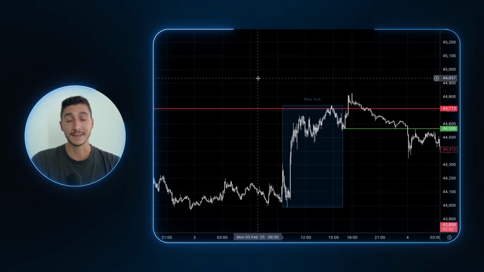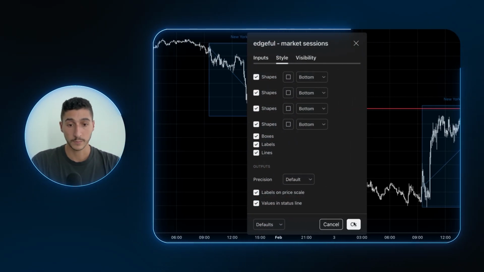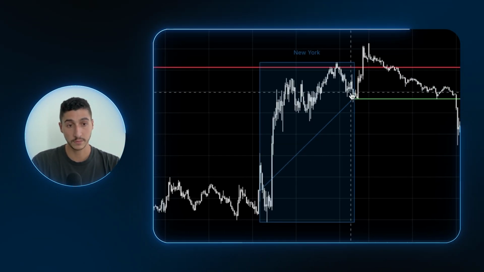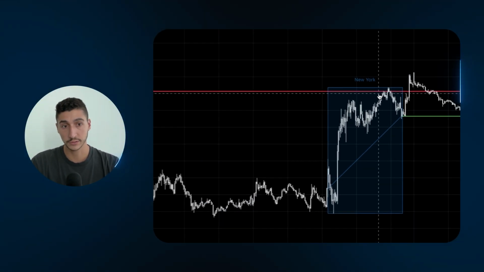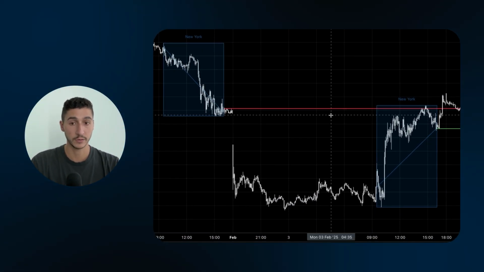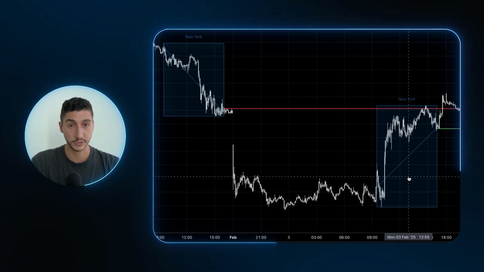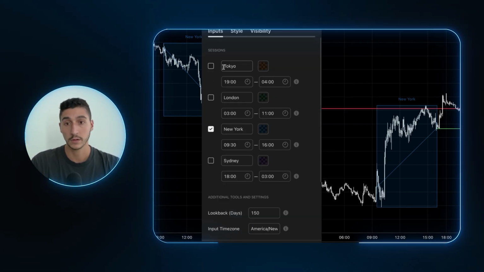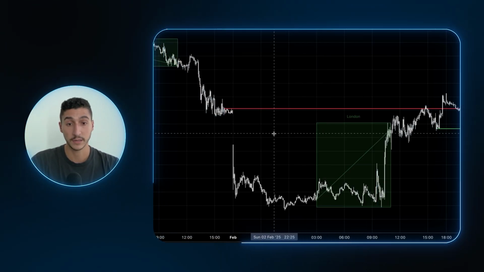So in this case, if you're using the open to close customization, this day will be green. If you're using the previous close to close, this day will be red because it closed below the previous New York close.